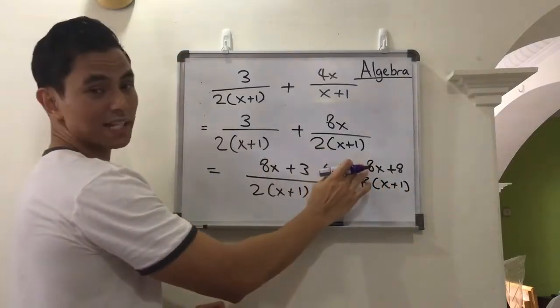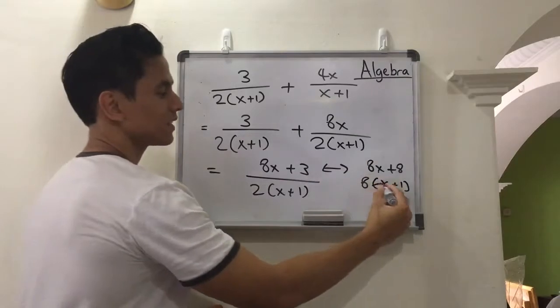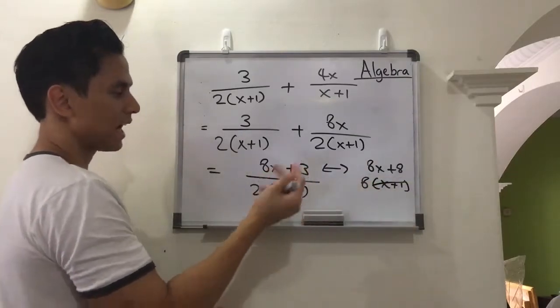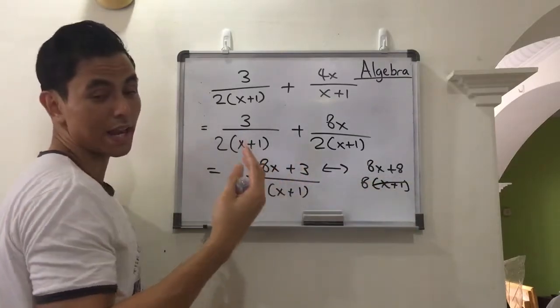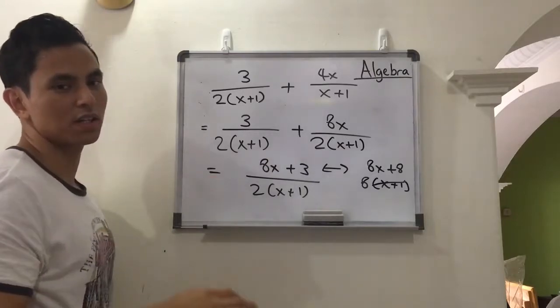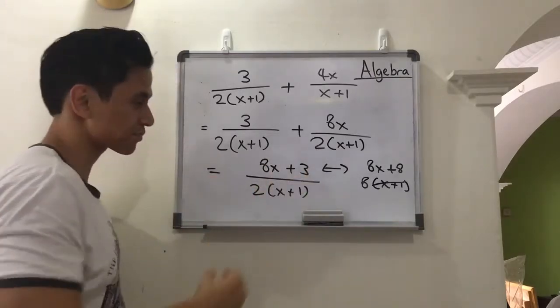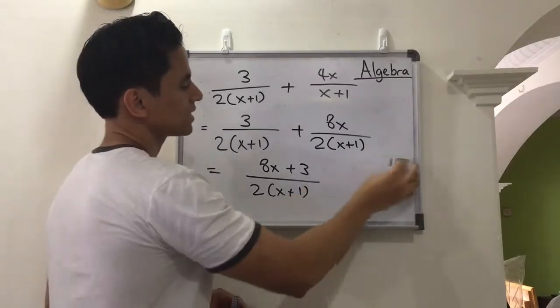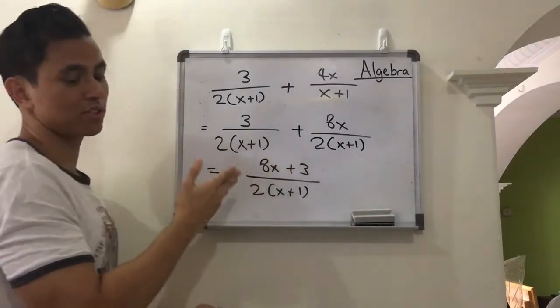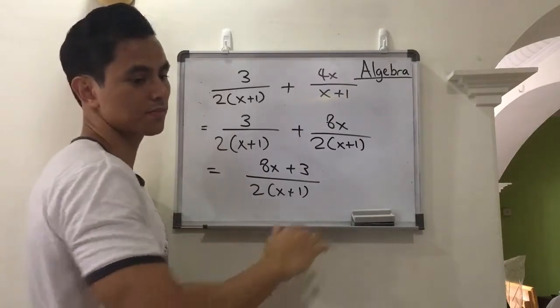If it was actually 8x plus 8, I'll be able to cancel out x plus 1 here and x plus 1 here, and just get the answer of 8 over 2. 8 over 2 will just give me 4. So that was something interesting to take note of if, let's say, the question was slightly different. Okay, but in this case, this answer is fine and we should just stop here. This will be the final answer.